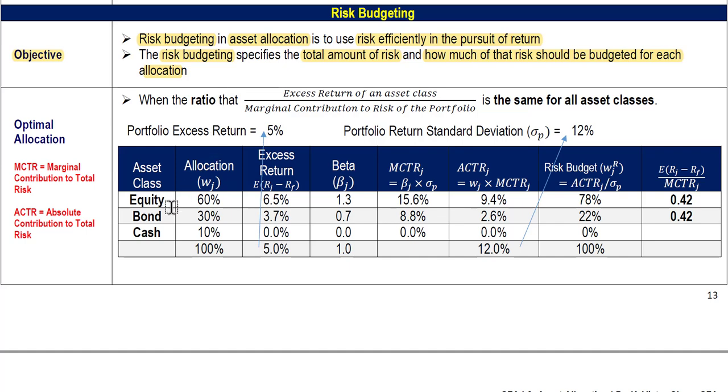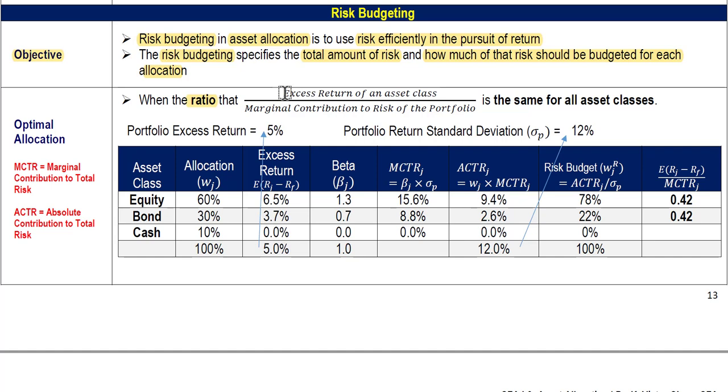What I like to do is use an example to show you. First of all, here we use an example which has already reached the optimal solution, the optimal allocation. But first, how do we define the optimal allocation based on the concept of risk budgeting? To do that, we rely on a ratio.